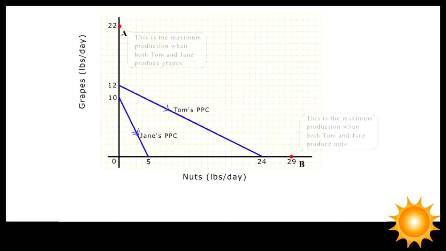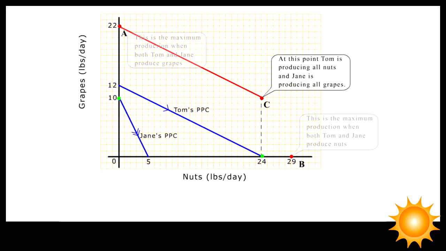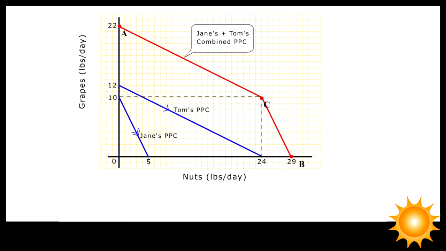So the combined production function should move along Tom's production function until Tom completely specializes in the production of nuts at point C. If we want to produce even more nuts, then Jane, the higher cost nut producer, should start producing nuts. The combined production function shows that the relative slope is getting steeper beyond point C because we are moving from the lower cost to the higher cost nut producer.